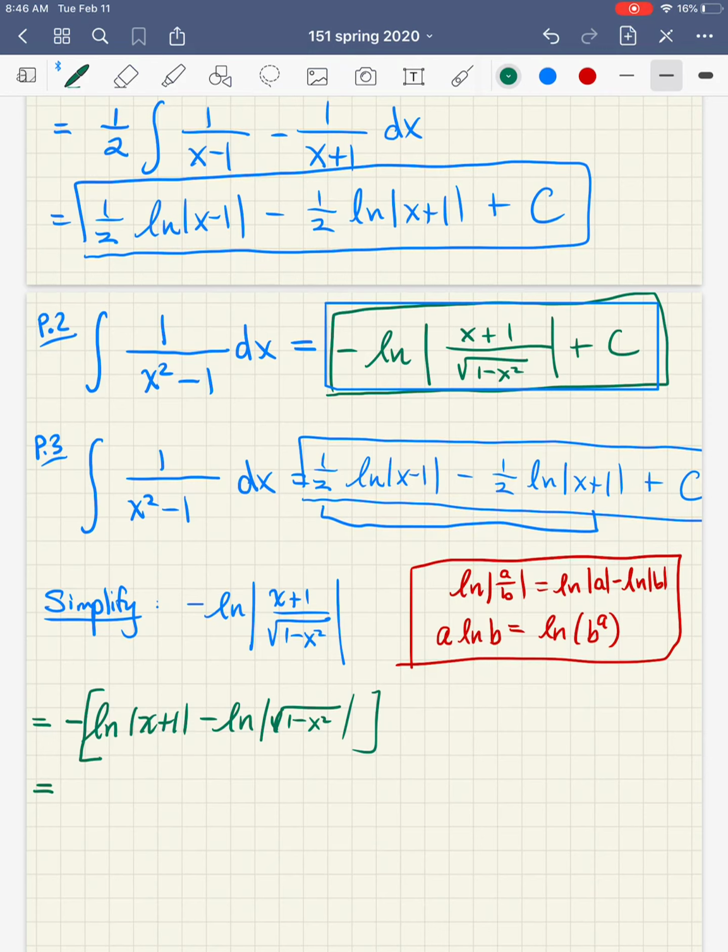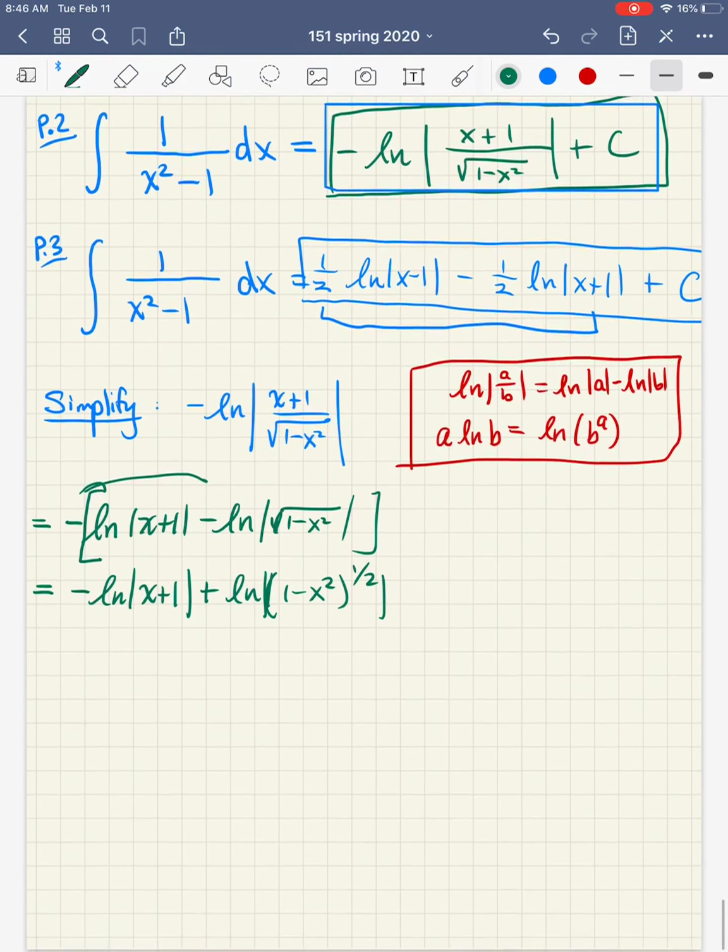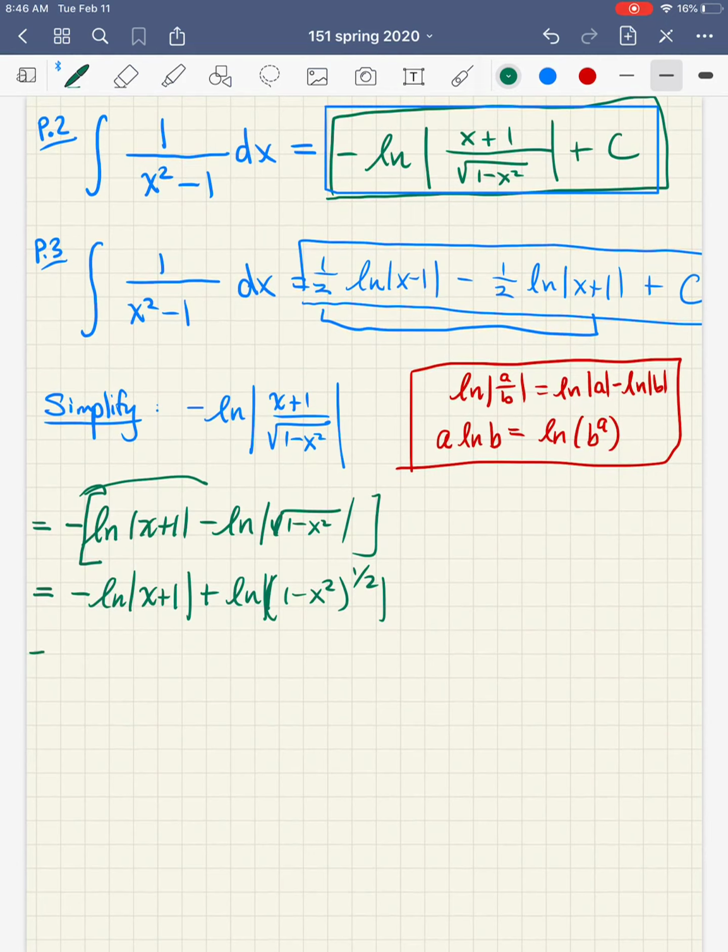Then I may as well distribute this minus sign, so I get negative log of x plus 1 plus the log of, I'm going to rewrite this as 1 minus x squared to the 1/2 power. Okay. And now I'm going to bring that 1/2 in front.